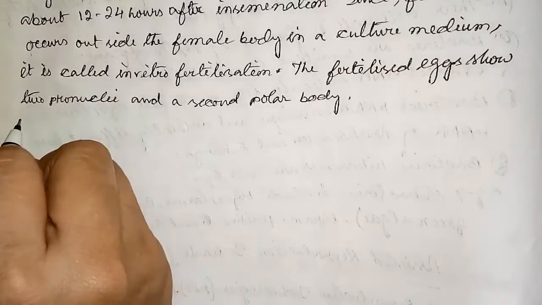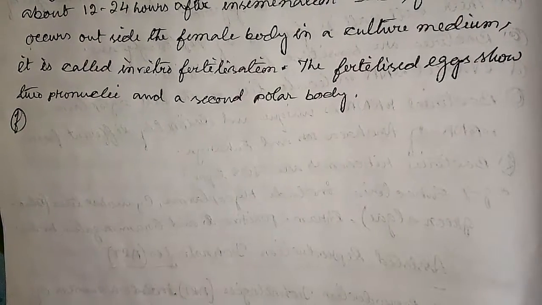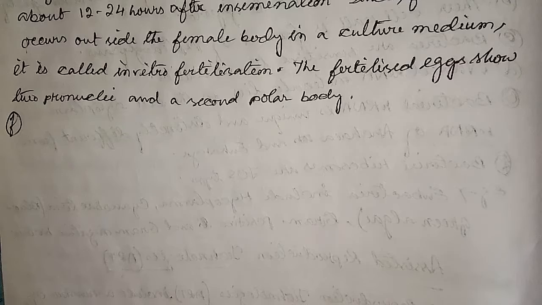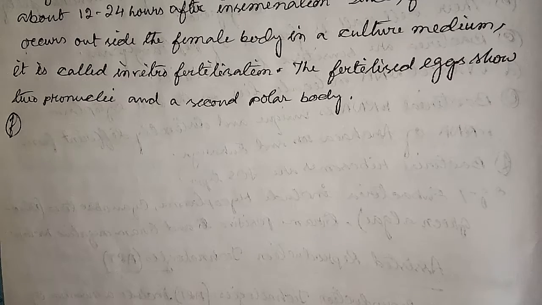Now the next procedure is that the fertilized eggs are selected and incubated for about 48 to 72 hours in an incubator.